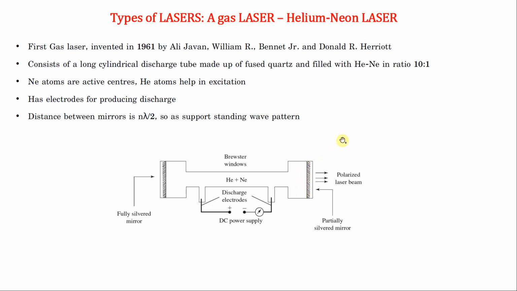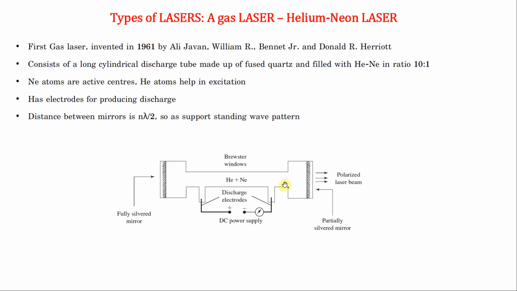So in the previous lecture on optical resonant cavity, we did say that sometimes there is a loss of light. So we are having Brewster windows here, which are going to help in such a way that there is no loss of light.